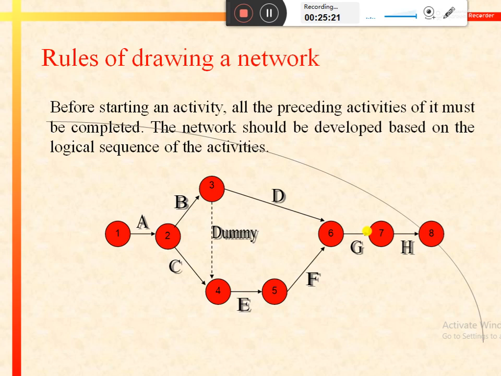So here comes another fundamental rule of drawing a network, that is that all the preceding activities of any activity must be completed before starting that particular activity.